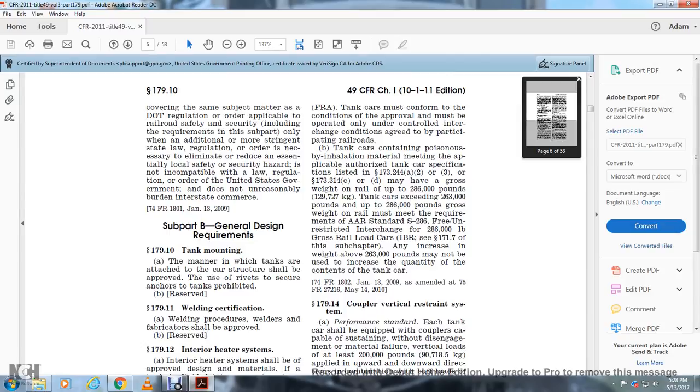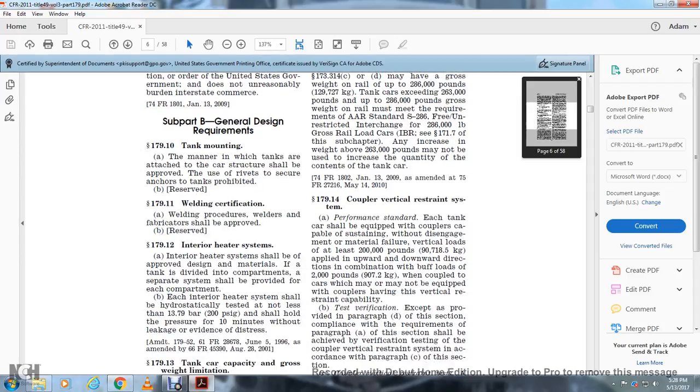Tanker cars containing poisonous inhalation material meeting the applicable authorized tanker specification listed within 173.244 A, 2 and 3, or 173.314 C and D may have a gross weight on the rail up to 286,000 pounds, and tanker cars exceeding 263,000 pounds up to 286,000 pounds gross weight on the rail must meet the requirements of the AAR standard S-286 for free unrestricted interchange for 286,000 pound gross weight loading cars, IBR 171 C for the subchapter. The increase in weight up to 263,000 pounds may not be used to increase the quantity of the content for the tanker car.